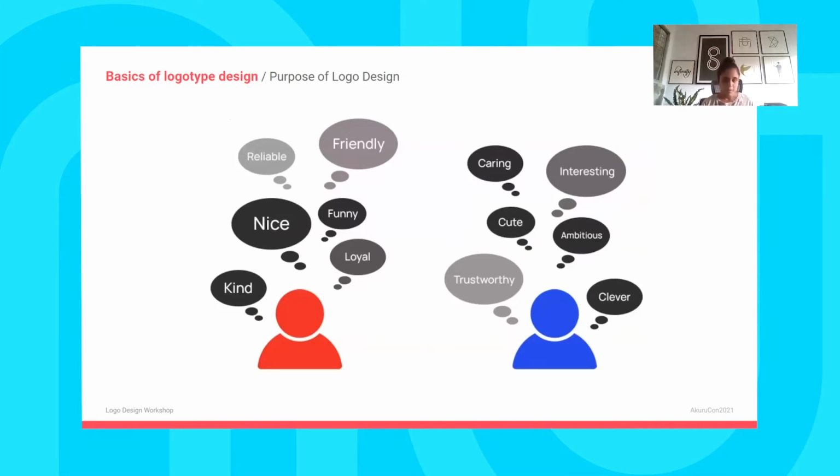When we meet people, we have our own first impressions. We might think, okay, this person is nice, cool, reliable, funny, loyal, and so on. And then after some time, based on the things that they say and do, these impressions or emotions or connections start to grow bigger, some grow smaller, some just fade away.